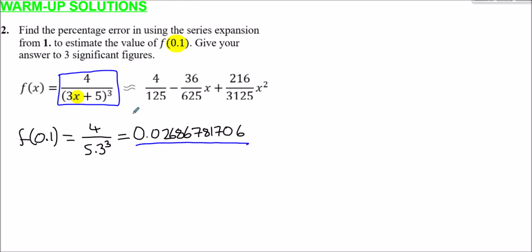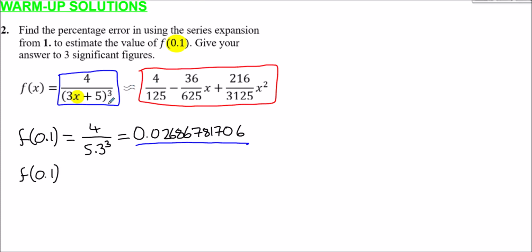So f of 0.1 using this approximation, which is this here. These squiggly equal lines mean approximately equal to. You should know this, but if not, that means approximately equal to.